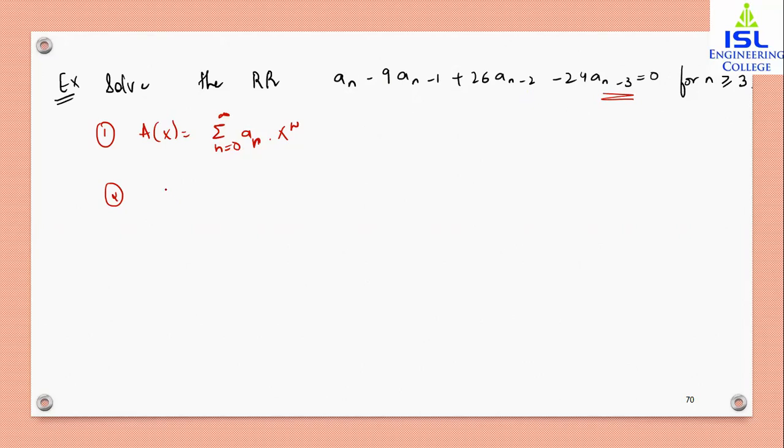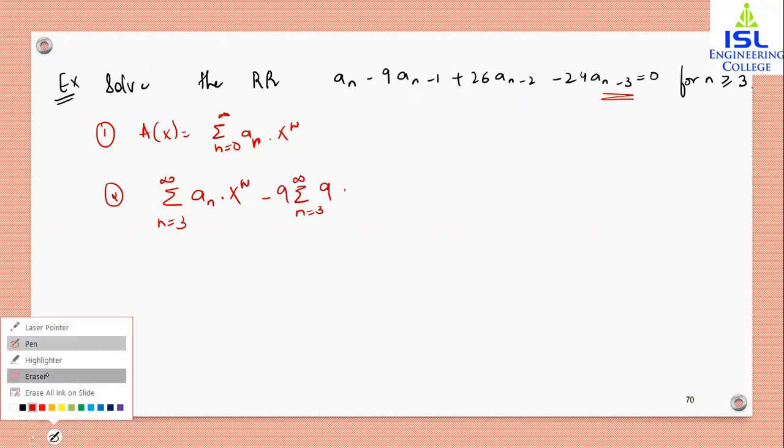So this will be the sum from n is equal to 3 to infinity an x power n minus the sum from n is equal to 3 to infinity 9. 9 is a constant, so consider it here.